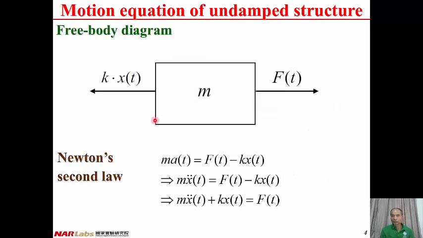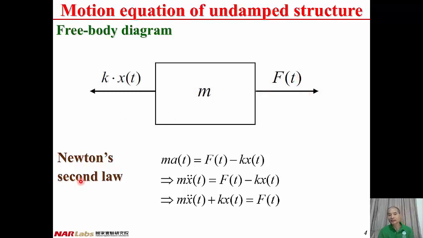If the structure moves to the right-hand side with displacement x(t), the restoring force will point to the left, kx(t), and the external force is assumed to be positive, therefore it's pointing to the right.